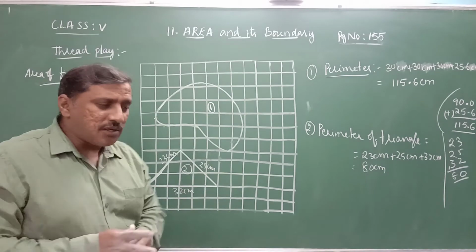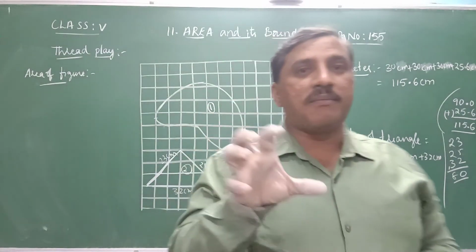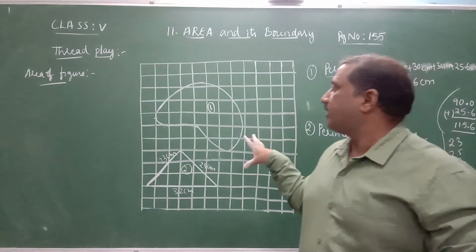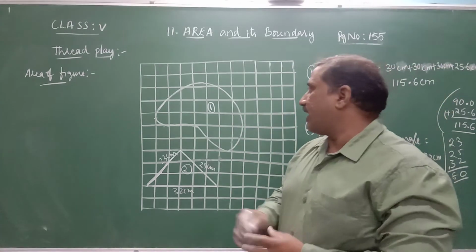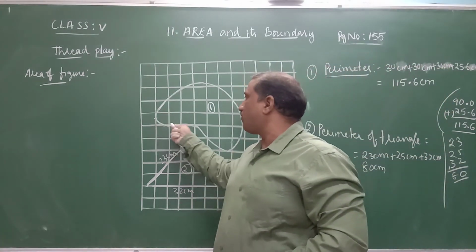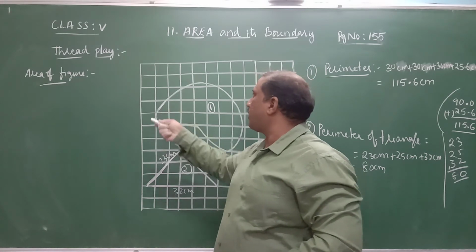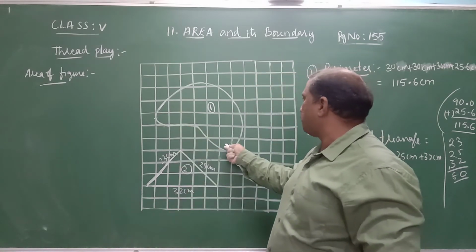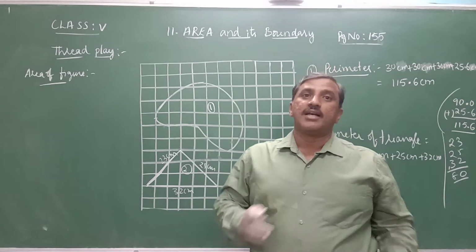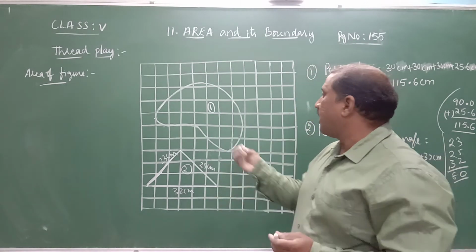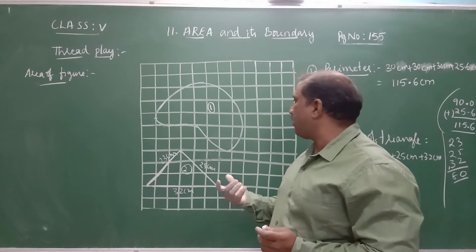So if you observe, some squares are completely filled. Some squares are more than half filled. Like you see, this square is more than half covered. This is also more than half covered. And here it is more than half covered. And there are some squares you find exactly half covered.